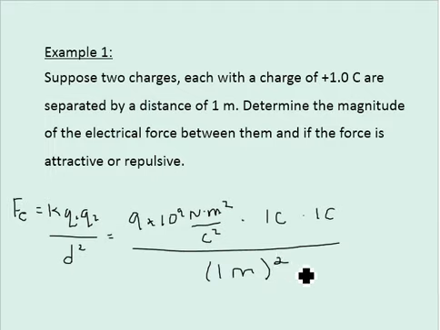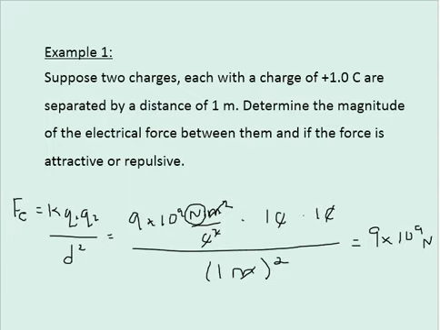whole thing squared. So you can see here that 1 Coulomb cancels out 1 Coulomb here, the other Coulomb cancels out that Coulomb here. The meters squared that you would get out of here is going to cancel out the meter squared up here. You're going to end up with our force in newtons. And this would tell us that we would have 9 times 10 to the 9th newtons of force.